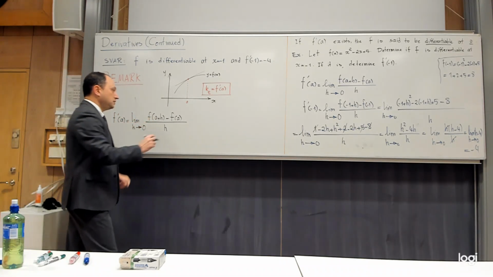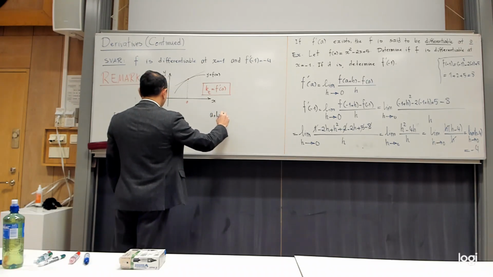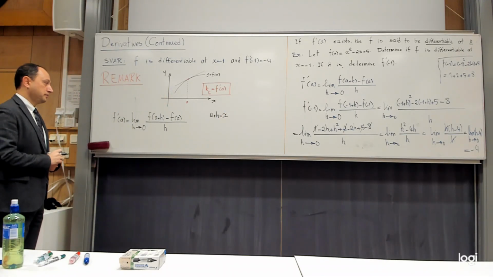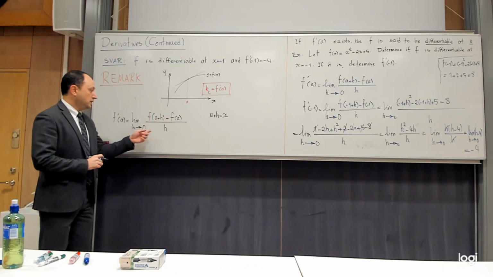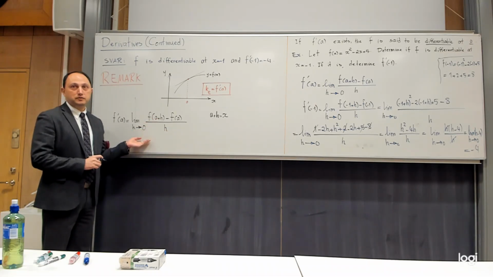So here, let me call a plus h my new variable x. I want to write this limit, so which one of these letters, a or h, is the variable in this limit?